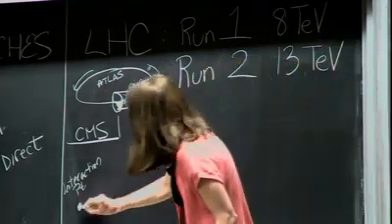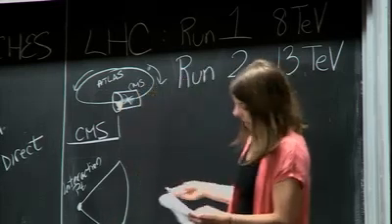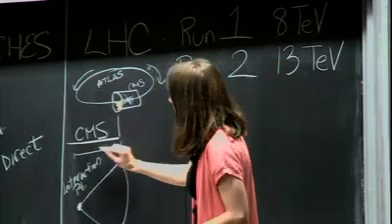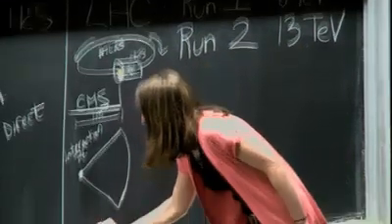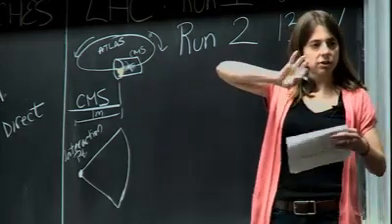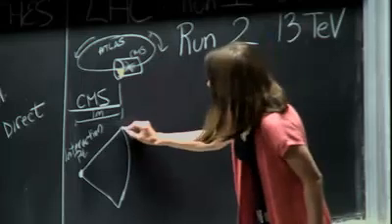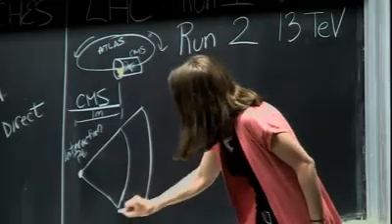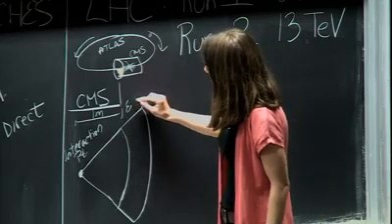The first region, which extends roughly 1 meter from this interaction point, is a tracker. What the tracker does is tell the direction of any charged particle. After the tracker, there's an electromagnetic calorimeter.